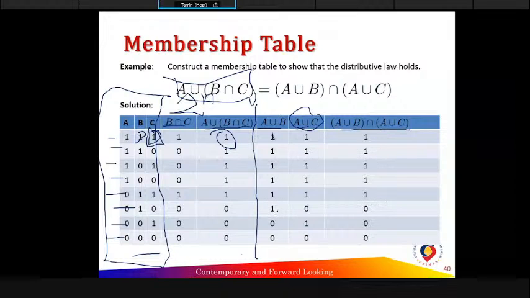In this case, if the element is present in here, but not in here, therefore the intersection will yield a false result. That means X is not a member in this case where X is only a member of B. If X is in B and not in C, or even not in A, then you will not get it for this operation here.